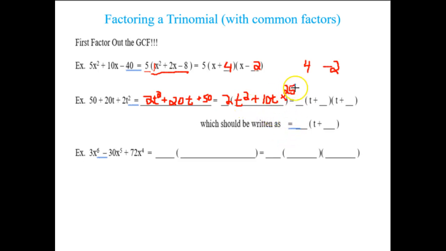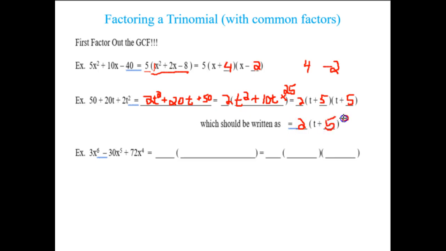So now, what are the factors of 25 that add up to 10? Well, 5 and 5. So we're going to have basically t plus 5 and then t plus 5 again. Now, when we have the same binomial twice, like t plus 5 times t plus 5, after I put the 2 down, which we have to continue to write, then I could write t plus 5 squared.